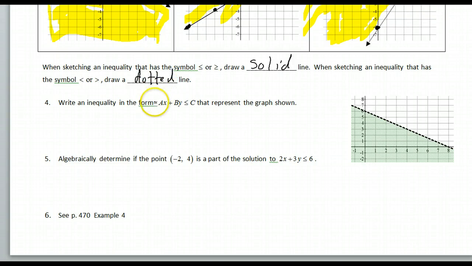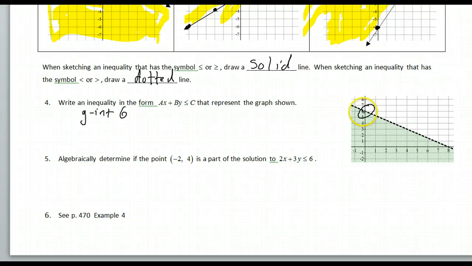Write an inequality in the form ax plus by is less than or equal to c that represents the graph shown. In this case, really what we need to do is figure out the equation of this line. And so the characteristics, well, we have a y-intercept of 6. And the slope I can get just by counting.